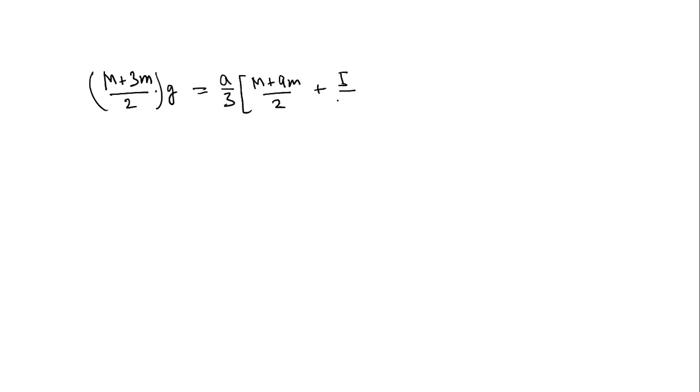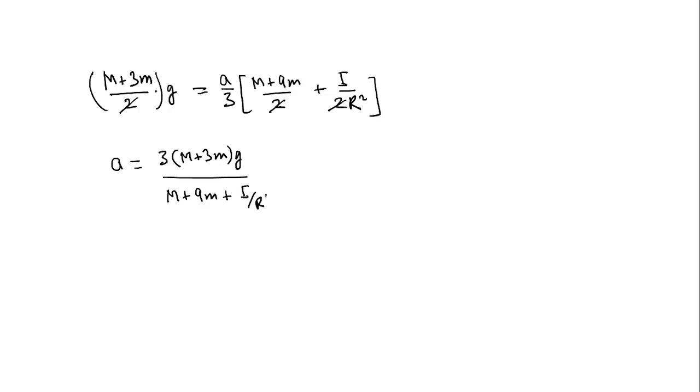So if you further solve it, you see 2 gets cancelled, and A you get simply (M plus 3m) times g upon (M plus 9m plus I upon r square). This is the final expression for the acceleration of the lower block.